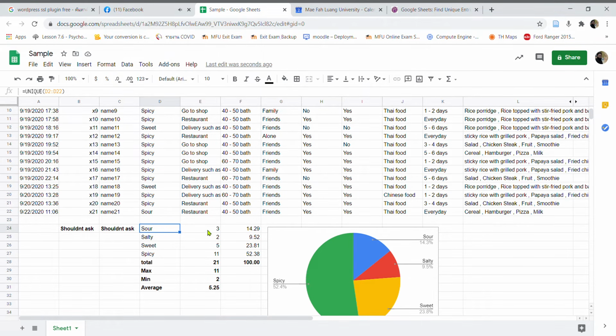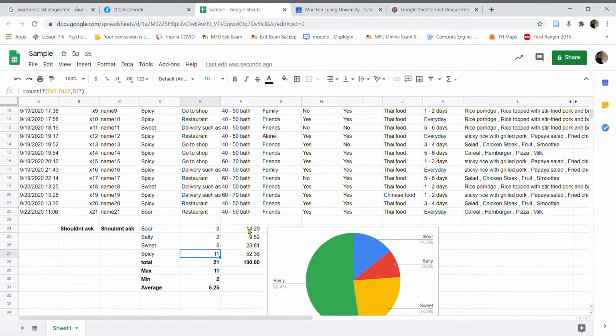After getting these unique values, I start counting using COUNTIF. Then I can see that people like to eat sour taste 3%, salty 2%, sweet 5%, and the majority, spicy 11%.